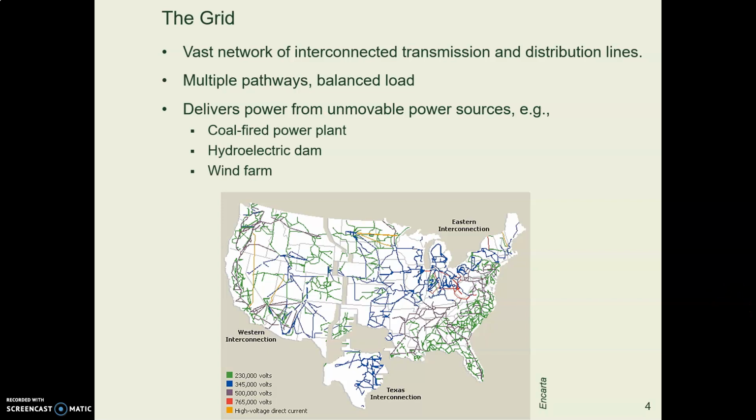The other thing the grid does is it balances the load. So if you get too much demand in one place and not enough demand in the other place, the grid will even it all out, so everybody gets exactly how much power they need without overloading and without the lights dimming.